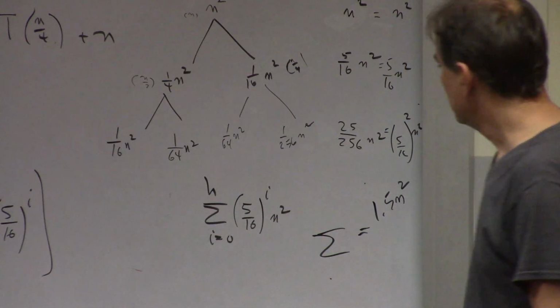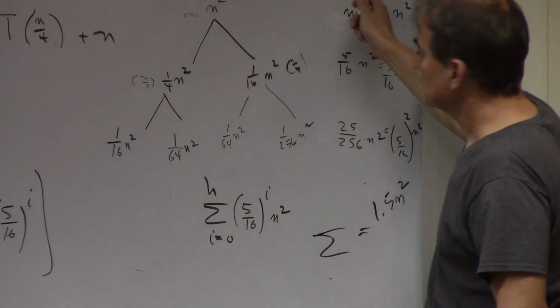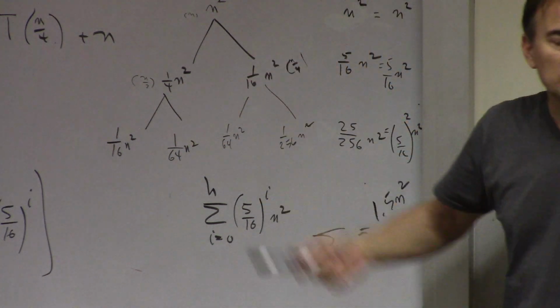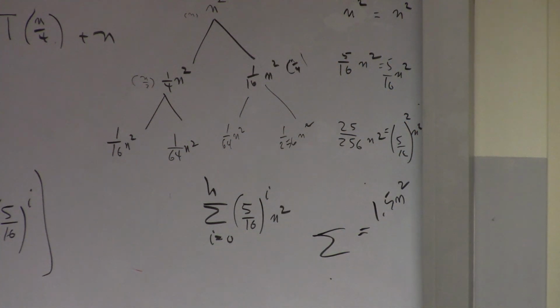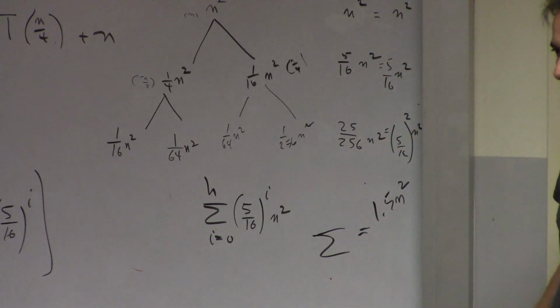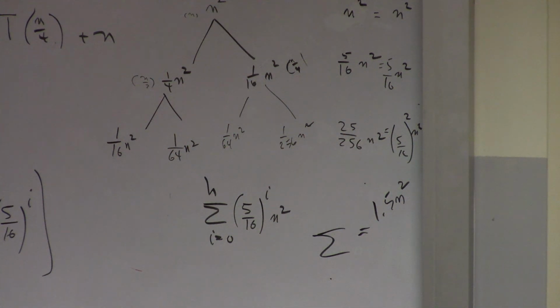So what does that tell us? Remember, this is a function. I know it cannot be any less than n squared because level 0 is n squared, so that's a given. But I also said that this tree expands infinitely with the same progression of work at every level, and that will sum to 1.5 n squared.